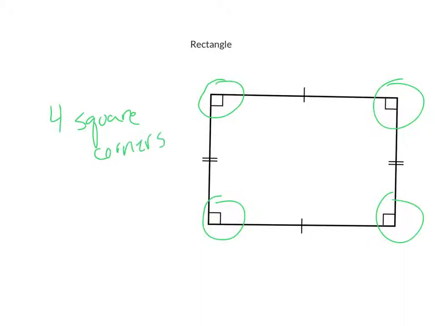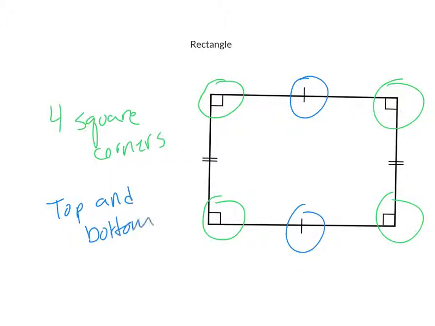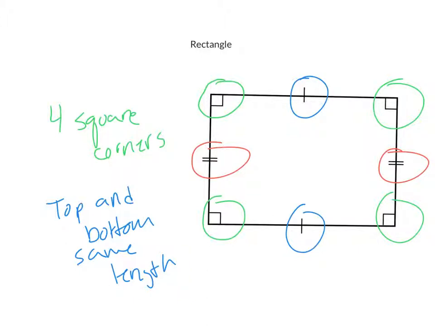But what makes a rectangle different from a square is that the top side and the bottom side are the same length, while the left and the right are the same length, but they are not all the same length. Not all four sides are the same length, just the top and the bottom, and the left and the right.